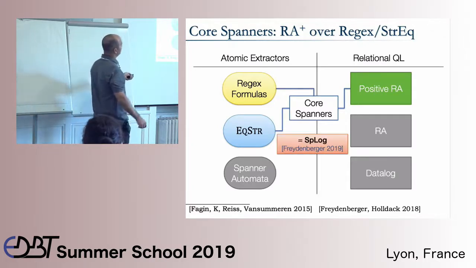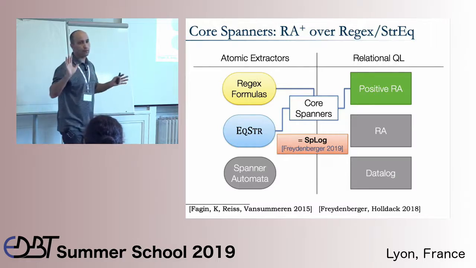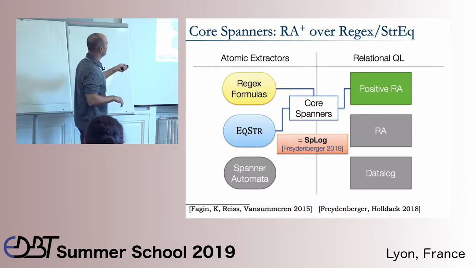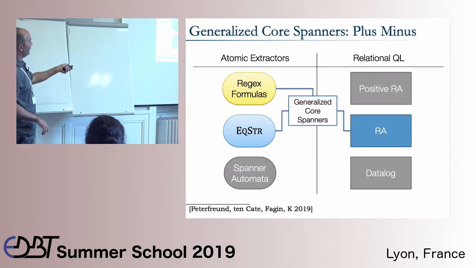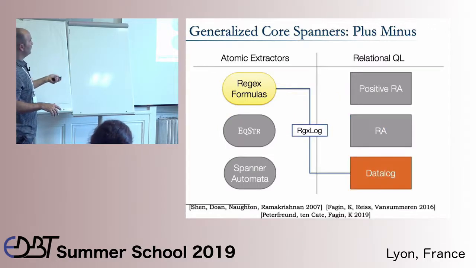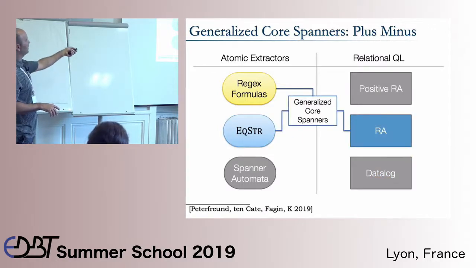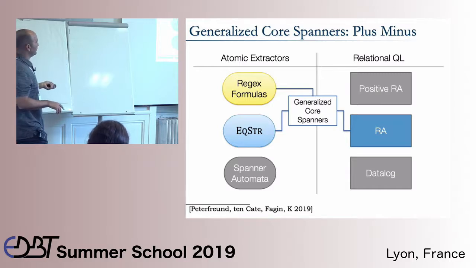and has been studied in different variants and different logics, like the Splog logic of Freydenberger. And if you're taking, say, the whole relational algebra, including difference, on top of these two, then you get what is known as the generalized core spanners.